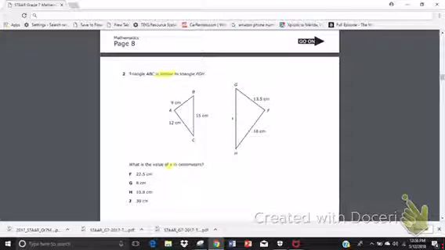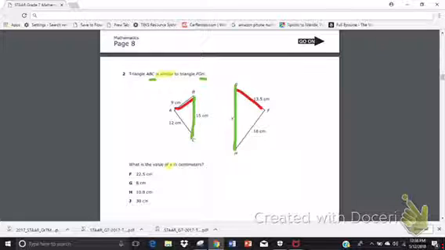Segment AB corresponds to segment FG, so red with red. Segment BC corresponds with GH, color-coded green. So red is to red, green is to green, and blank is to blank. Let's go ahead and solve for it.